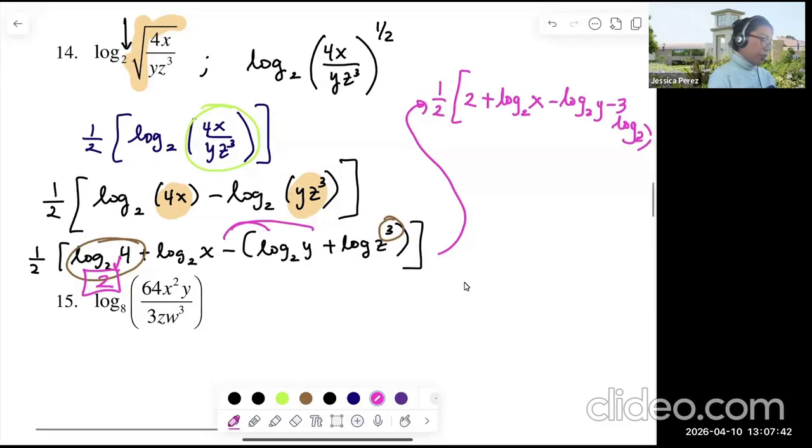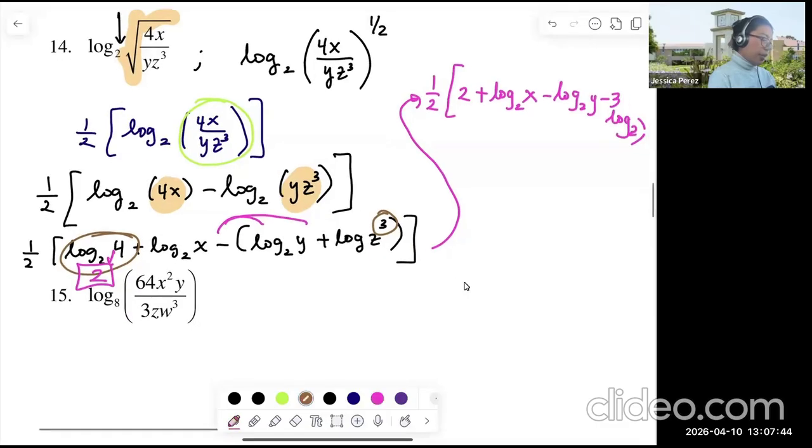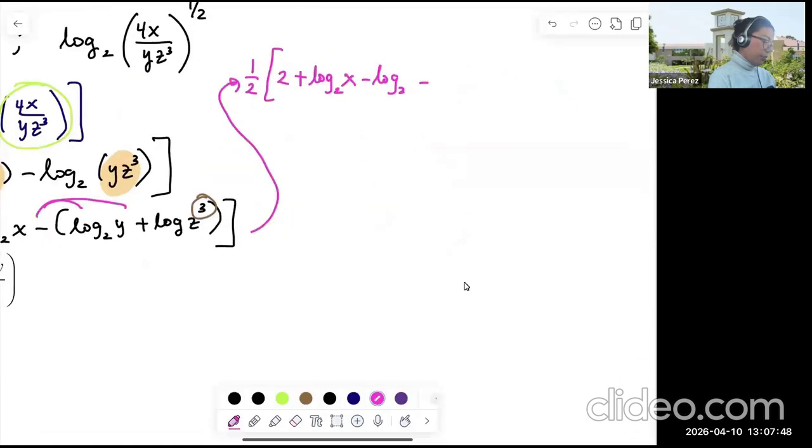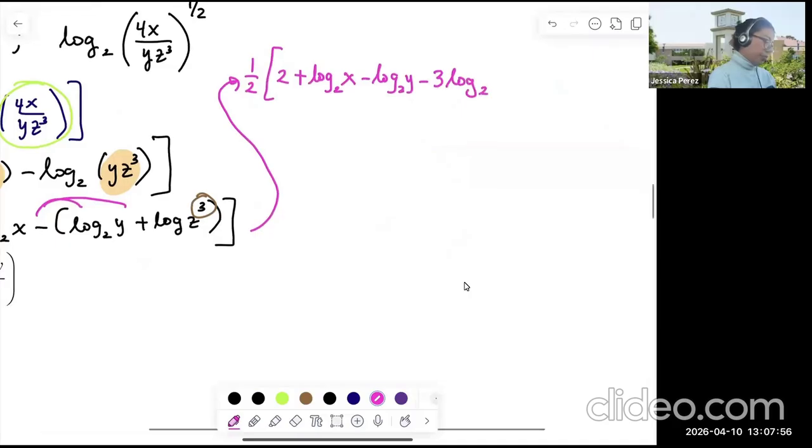I'm going to go ahead and multiply everything out. So let me rewrite it. I had minus log base 2 of y minus 3 log base 2 of z.